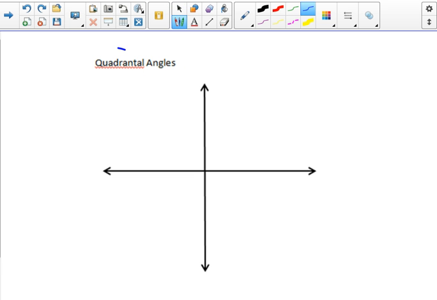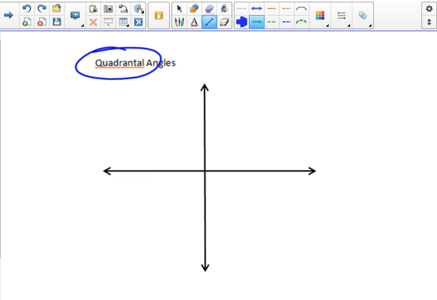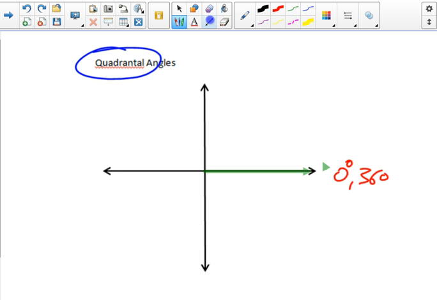Even the spell check on Word doesn't know this word, but what it means is quadrantal angles. They're the axes. Here's one of them, right there. That would be either 0 degrees, or if we went all the way around, you could call it 360, and so forth. This angle is of course 90 degrees.